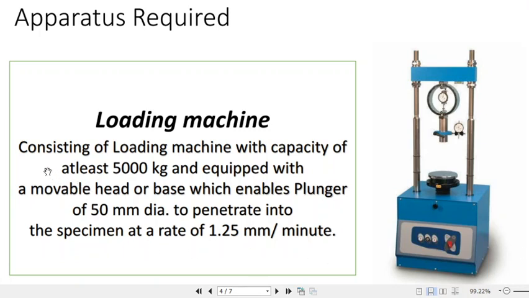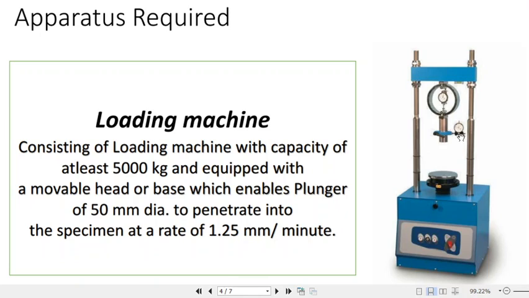Now this is the loading frame. Basically this consists of a loading machine with capacity of at least 5000 kg and equipped with a movable head or base which enables the plunger of 50 mm diameter to penetrate into the specimen at a rate of 1.25 mm per minute. In the testing apparatus or loading machine, two dial gauges are there.